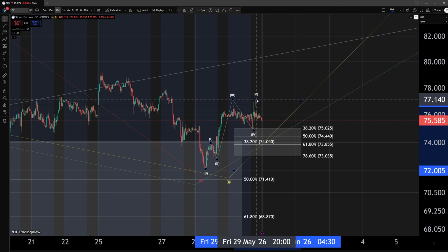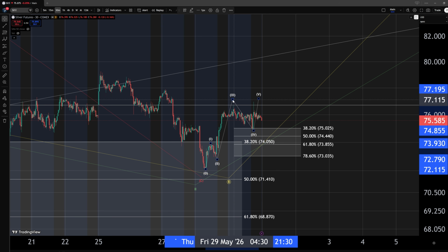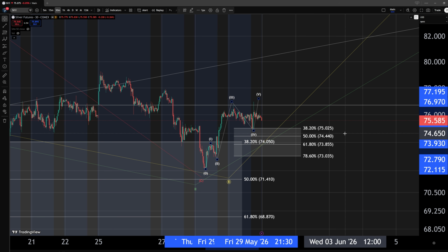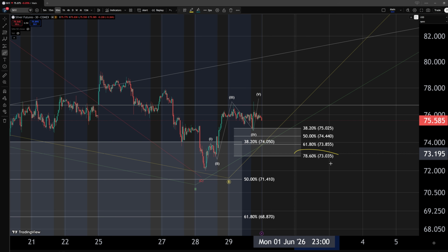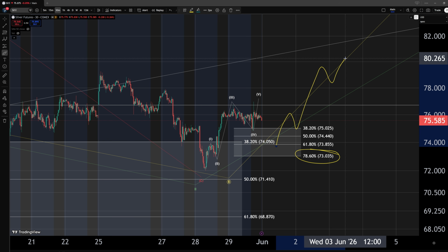So, in this idea, I am looking to form a 3-wave correction into the support zone between $75 down to $73, and as long as we do not get a sustained break below the 78.6% retracement, we have high probabilities of extending within at least another 5-wave move to the upside.